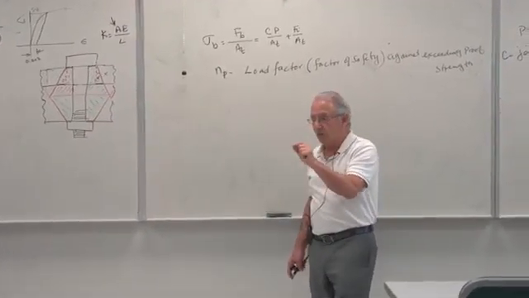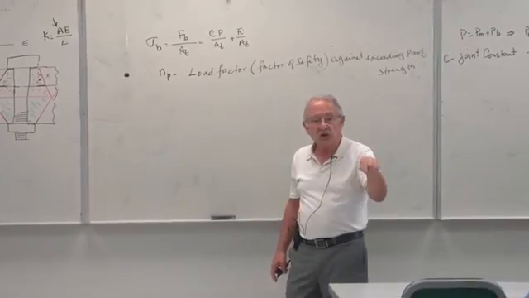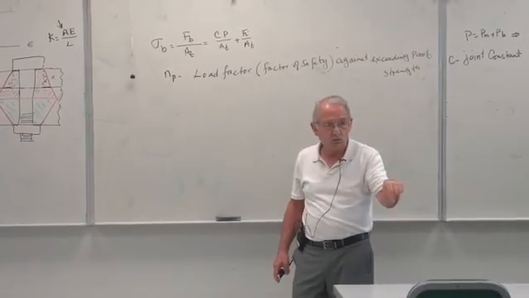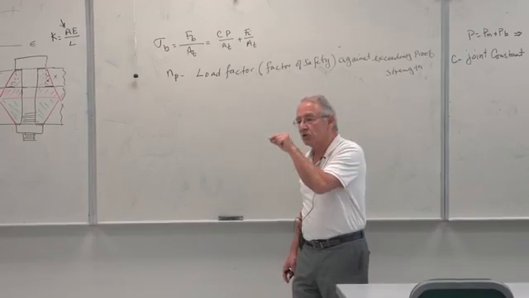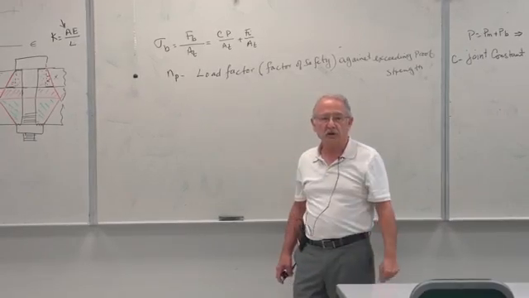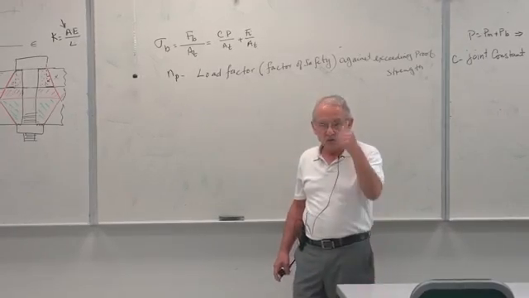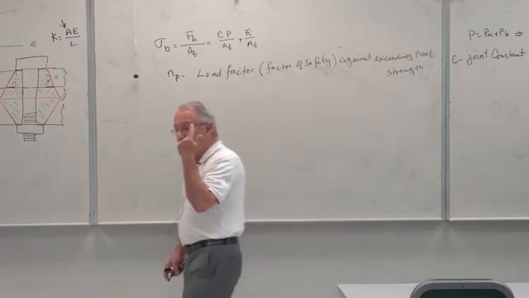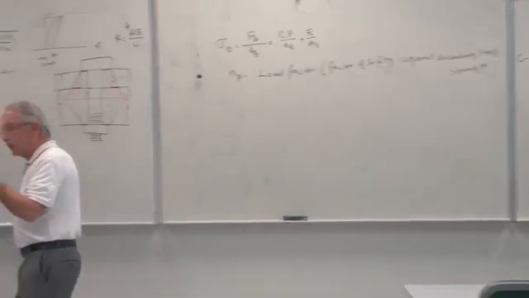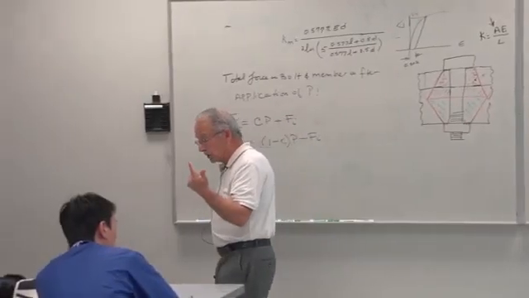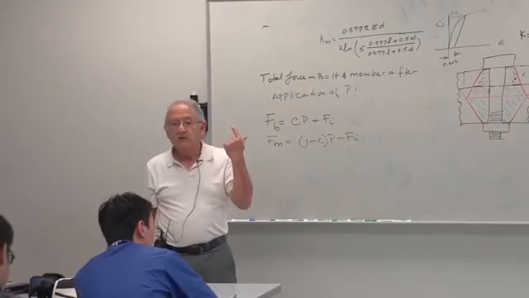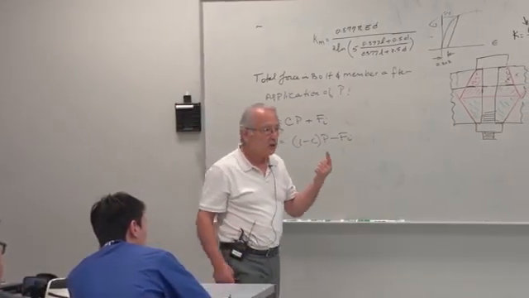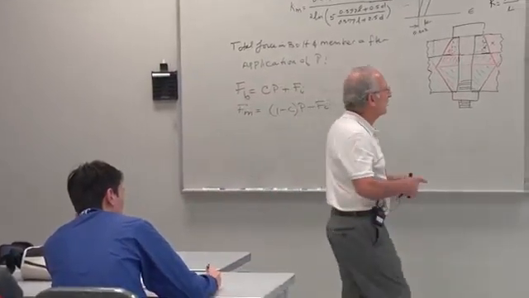By what factor can I increase the externally applied load before the stress in the bolt reaches the proof strength of the material?